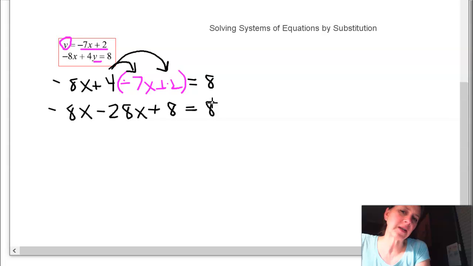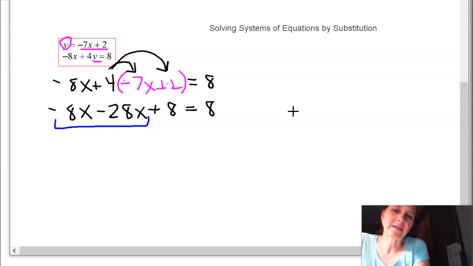For the rest of it, I just brought down what was already there from the previous equation. So now all I need to do is combine like terms and solve. Both of these have x's in them, so I can combine those. The other two terms don't have x's with them, so I can't combine those with the other ones.